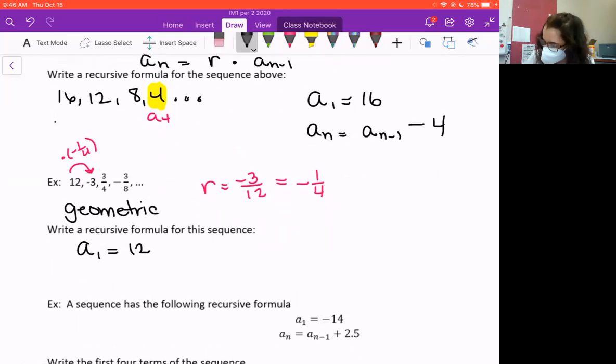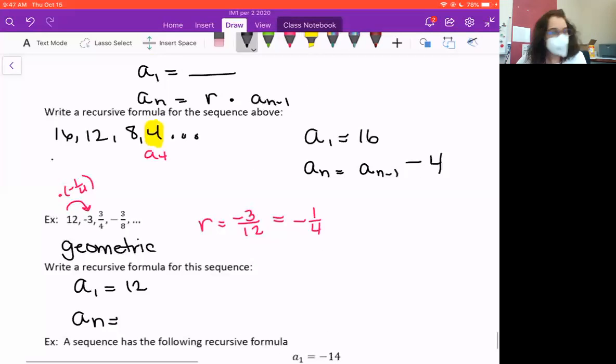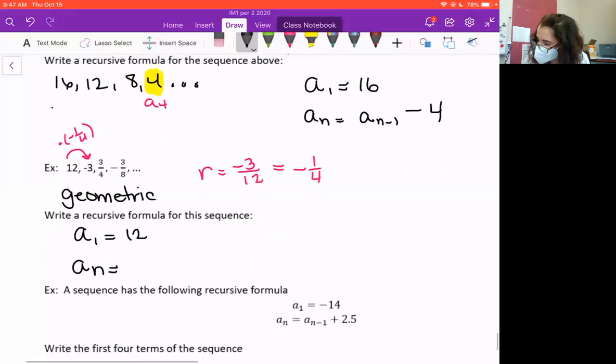Well, what do we do next? Okay, I take r and I multiply by the previous term. R is negative 1/4, and I multiply that by a sub n minus 1. That's the formula. This is a multiplication dot here.